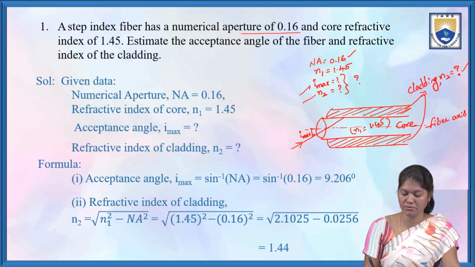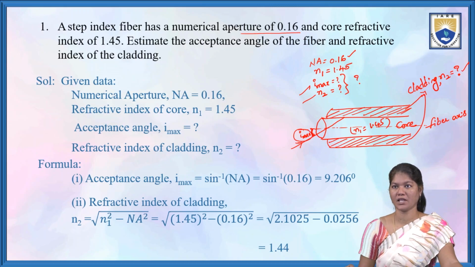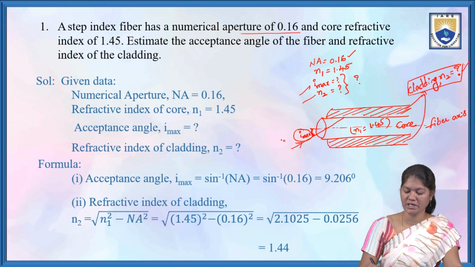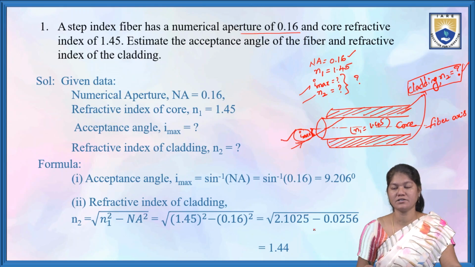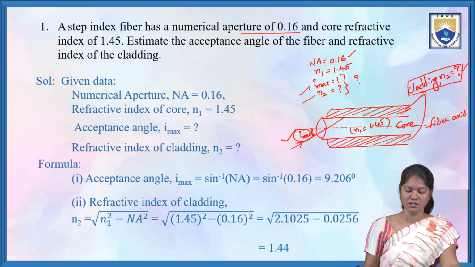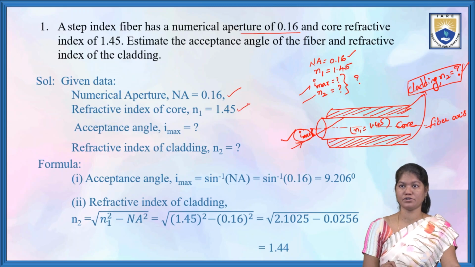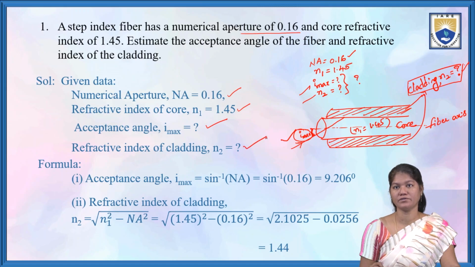So this maximum angle we are going to determine. So we have to find the cladding refractive index N2 and the maximum angle of light that enters into the core. These two values we have to find. Numerical aperture NA is equal to 0.16, refractive index of core N1 is equal to 1.45.